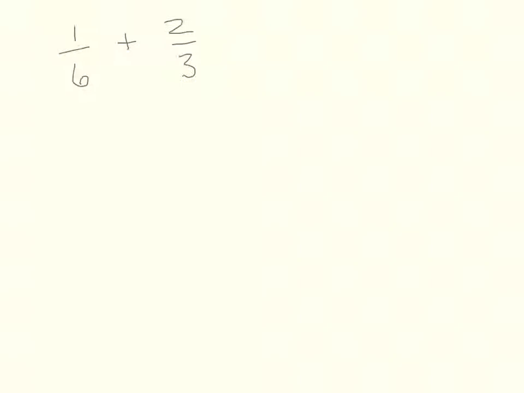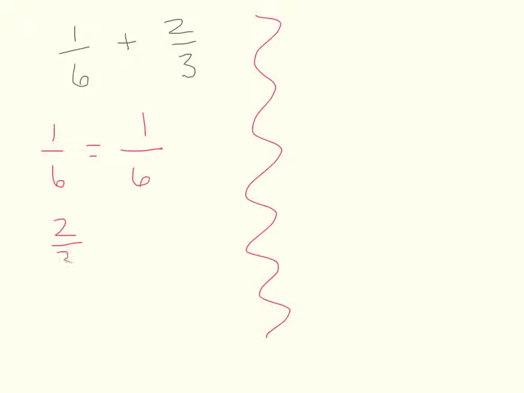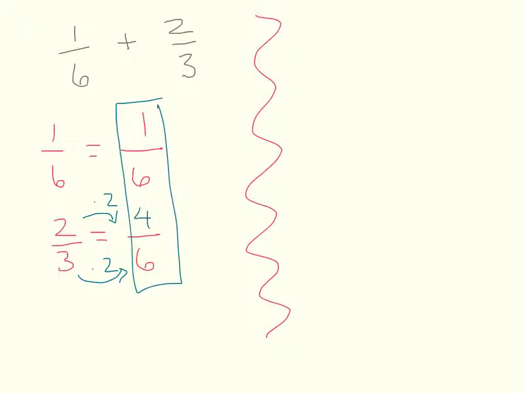So just to prove that to you, I could say that I have a common denominator of 6. So I have 1/6 equals 1/6, so we don't have to do anything with that one. And I have 2/3 is how many sixths? So here I have to multiply by 2, I have to multiply by 2. So I get 1/6 plus 4/6. So that is a total of 5/6. Again, denominators stay the same, numerators I combine.